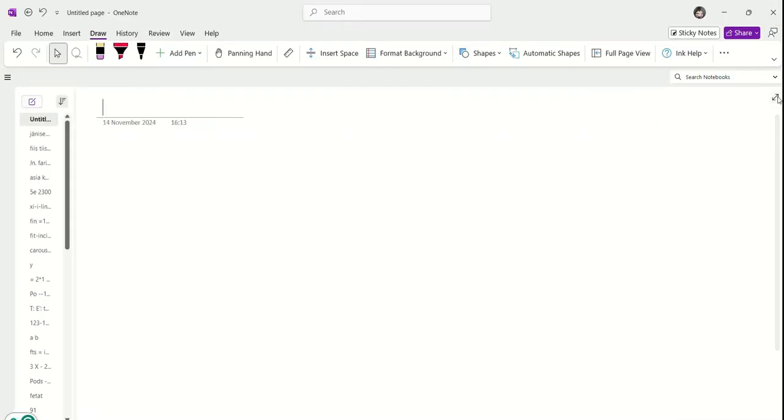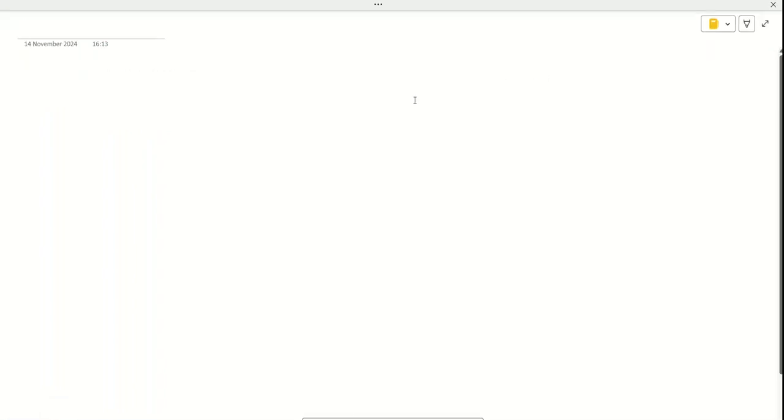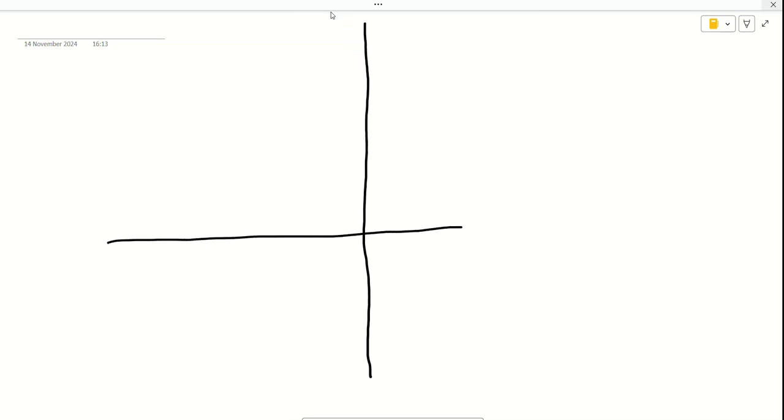Wow, almost done with this question. So let's try to sketch. When you are sketching, please sketch it well. Don't sketch it badly the way I'm sketching it. Try to make it very nice. I'm also trying, but it's not easy with these tools.